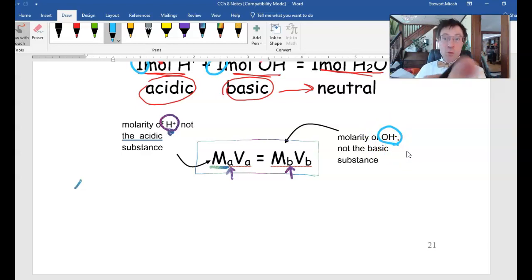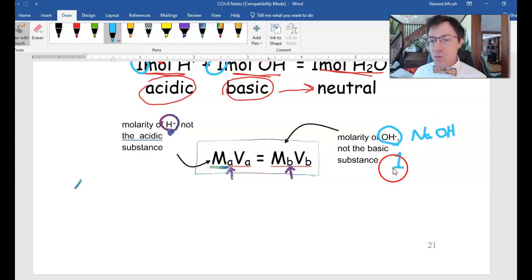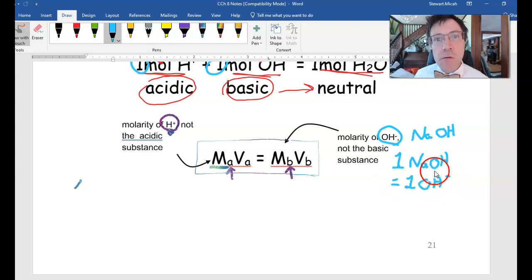Here's where it gets weird. If we have a base, let's just do good old sodium hydroxide, right? So what this means is 1 sodium hydroxide is going to give us 1 OH minus. Do you guys dig how that works? Easy, right? Unless we switch it up.